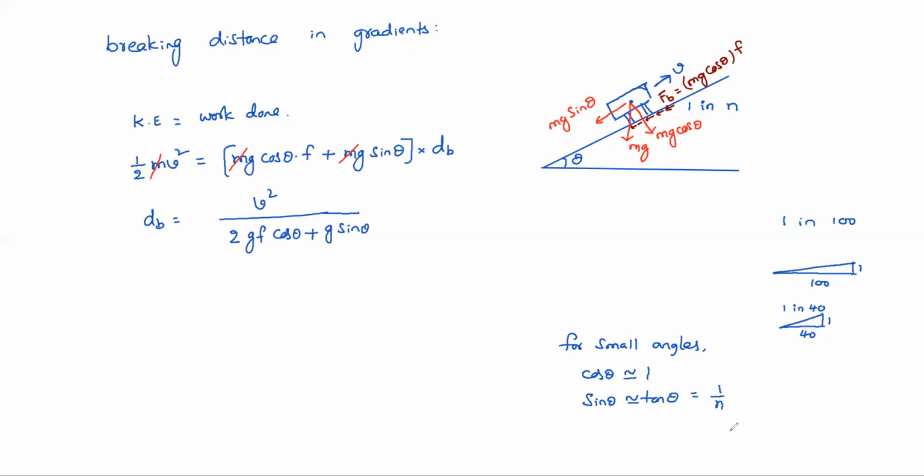Generally we represent it like this: 1 in n, or in percentage, n percentage. Let us take percentage only. That gradient we take in percentage.